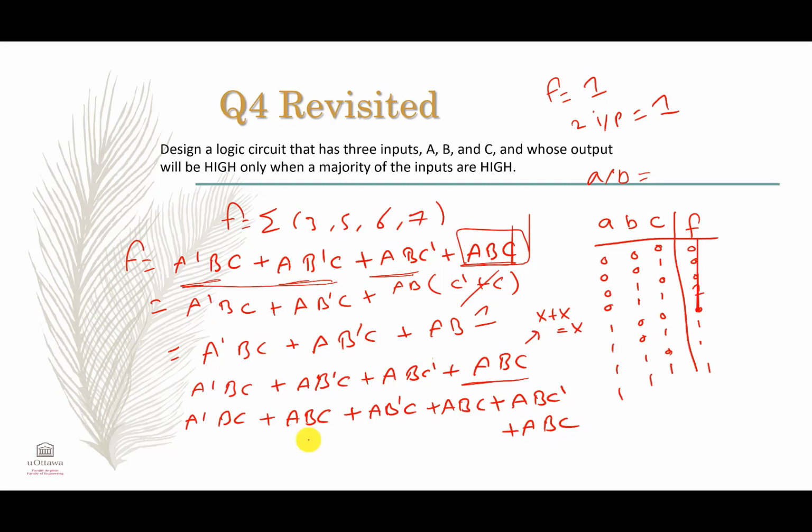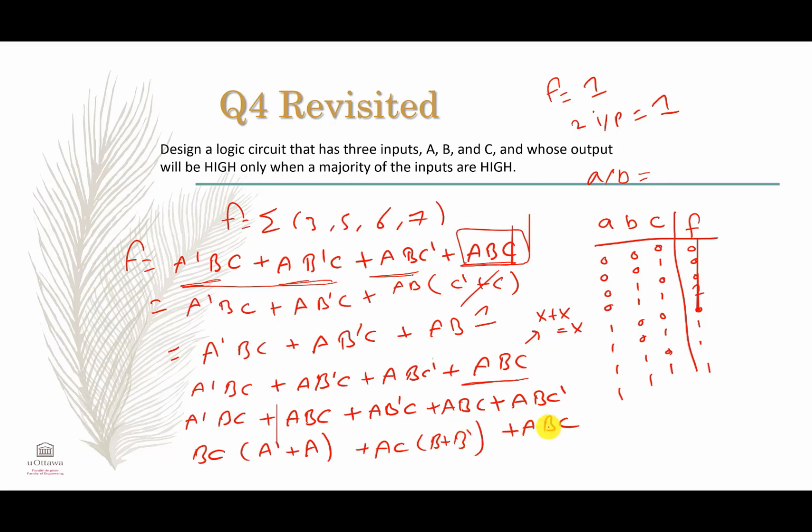So what I can do here is take bc as a common factor, and this will give me a prime plus a, and here I can take ac as a common factor, and this will give me b plus b prime.